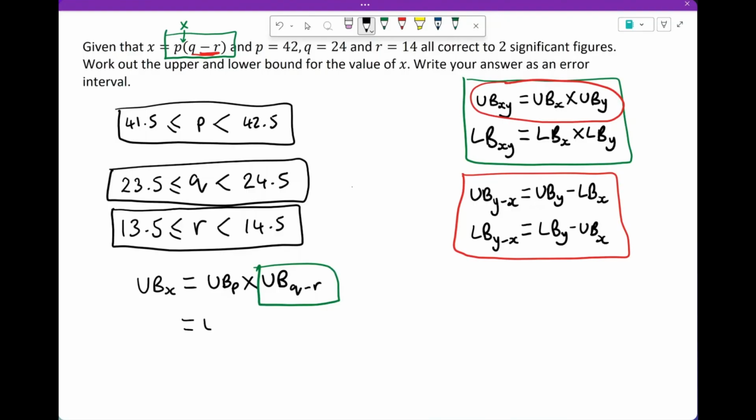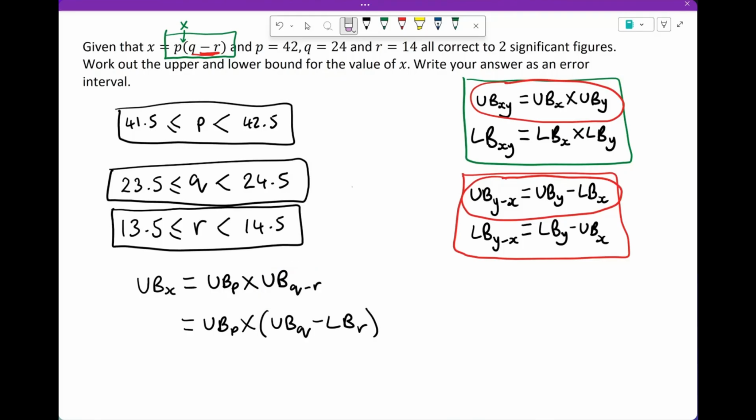So I would have the upper bound of P, which I'm not going to change, and then multiplied by, and I'm going to put it in brackets, because it's going to be subtraction that we're dealing with here. And if we consider our rule for the upper bound of subtraction, that is our upper bound subtract our lower bound. So therefore, I need the upper bound of the first value in the calculation, which is Q, and we're going to subtract the lower bound of the second value in the calculation, which is R.